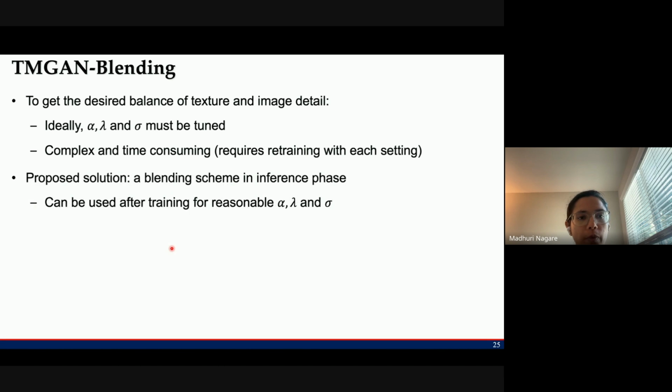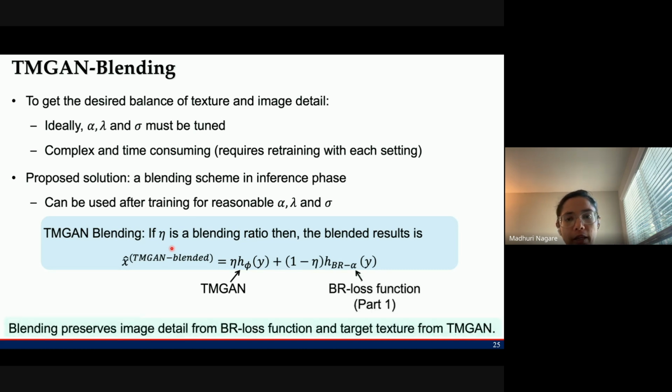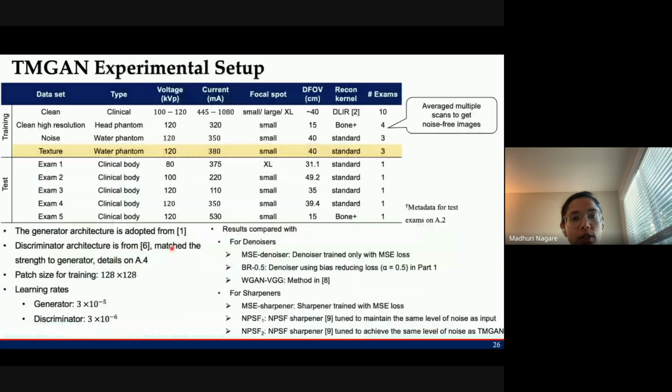So what we propose is a blending scheme in the inference phase. It can be used after we train for reasonable values of alpha, lambda, and sigma. The blending is of TMGAN results and the bias reducing loss function results. This blending preserves a good amount of detail from the bias reducing loss function and good texture from TMGAN, as we'll see in the images.